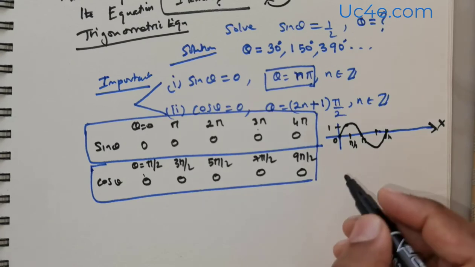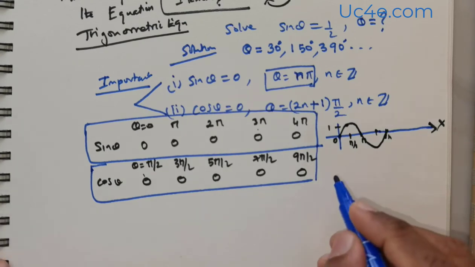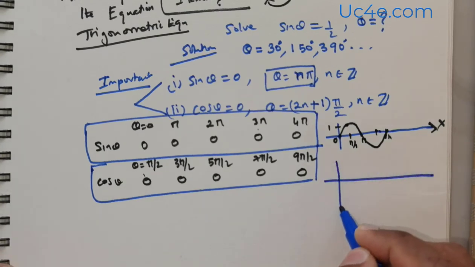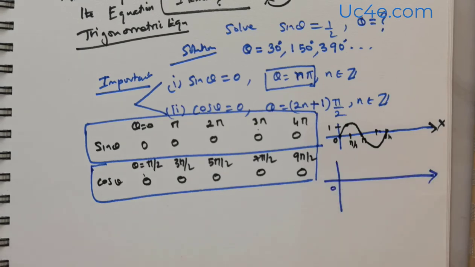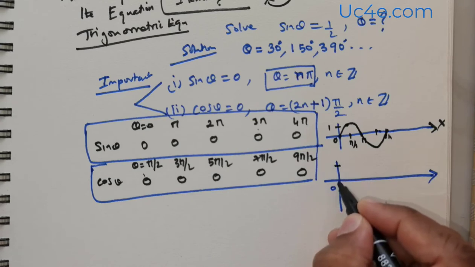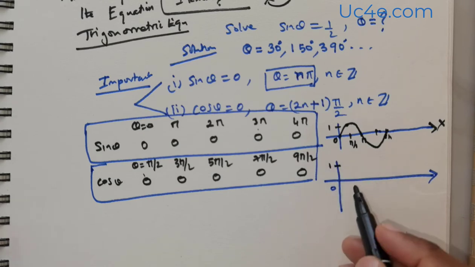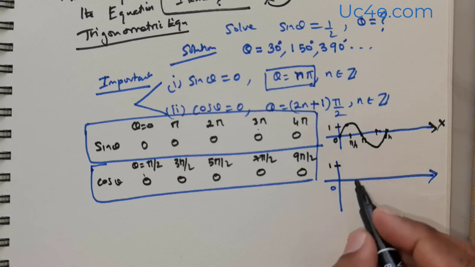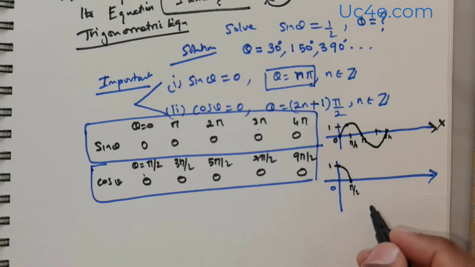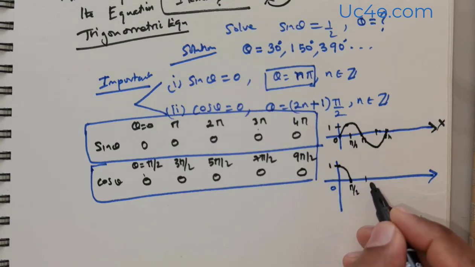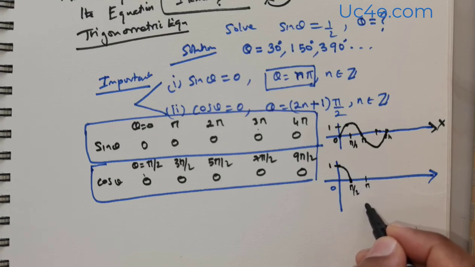Now, if you were to draw the graph for cos, cos of 0 is equal to 1. So cos is 1 at this particular point. Now exactly at pi over 2, cos will hit the point 0. Of course, cos pi will produce a negative value, so it goes down all the way here, right?